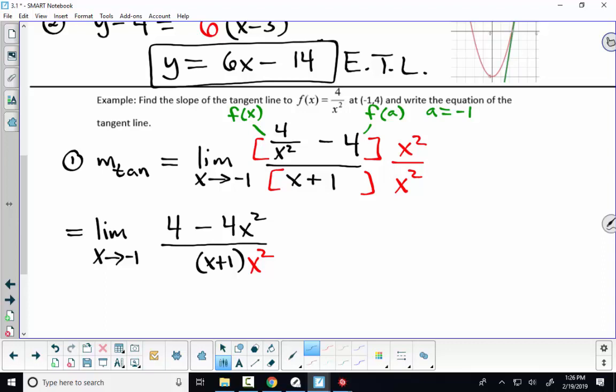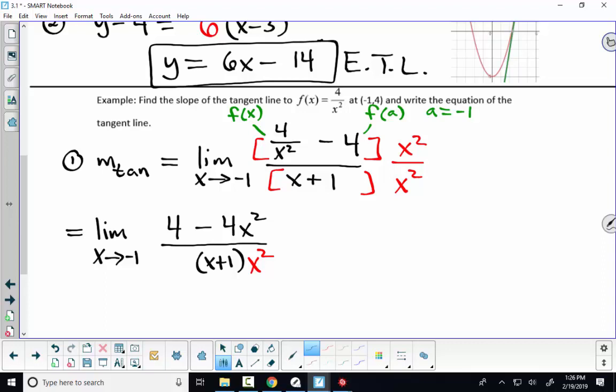So notice that's exactly where we were. Once we combined those with the common denominator, and then we multiplied by the reciprocal, even though we just erased it, that's exactly what we had. So again, the issue is still lingering here as x plus 1.